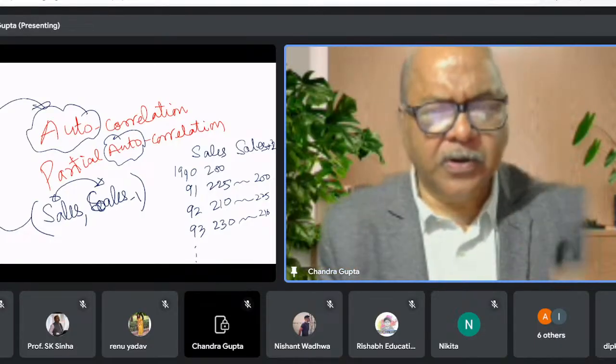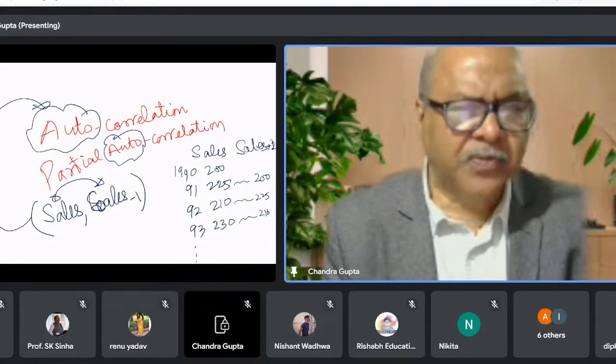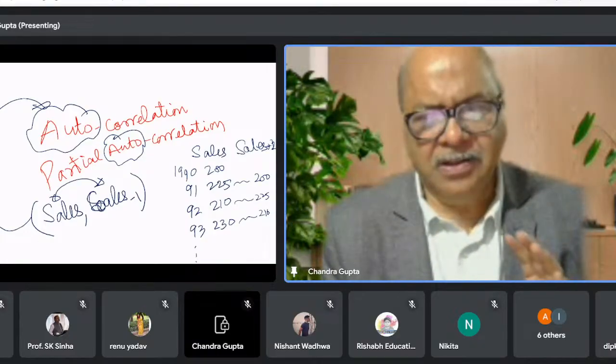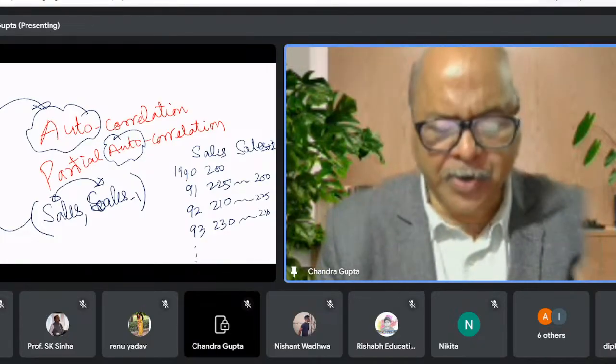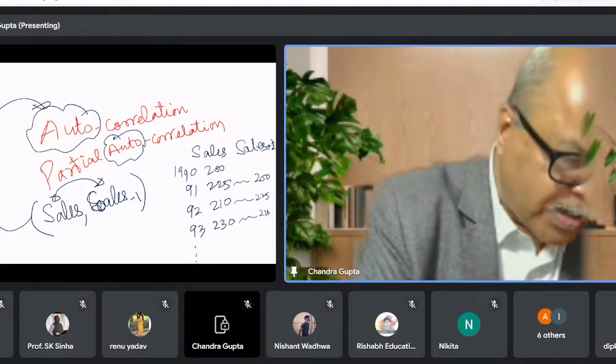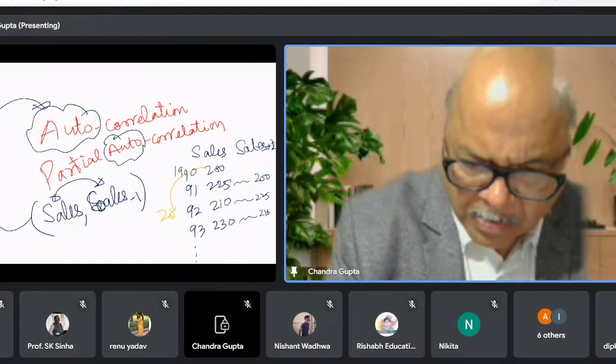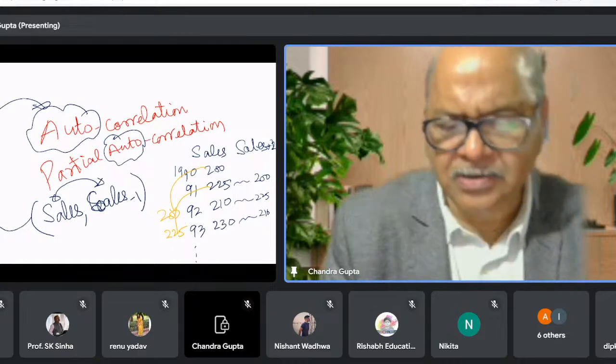So autocorrelation is correlation of the series with its own self with a lag. Lag may be 1, lag may be 2. If it is lag 2, what does it mean? This will be 200. This will be 225, like this.